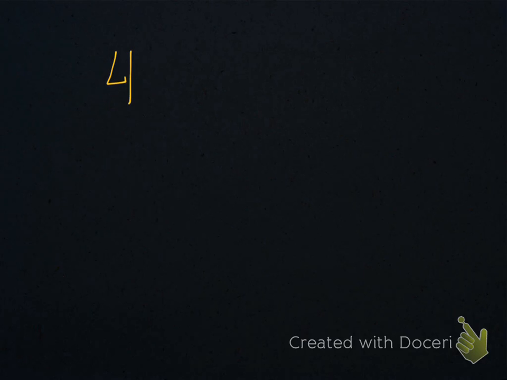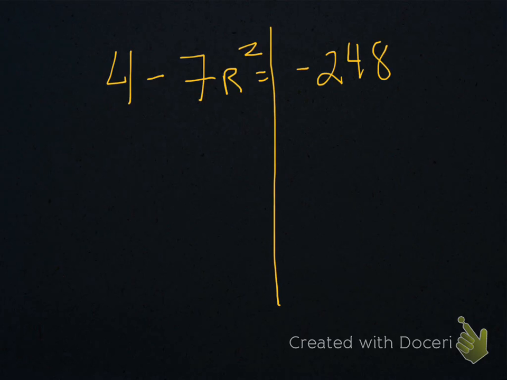So let's do 4 minus 7 r squared equal to a negative 248. Negative 248, okay. I think I got it copied right. Now let's go with it, guys. Minus 4 from both sides.